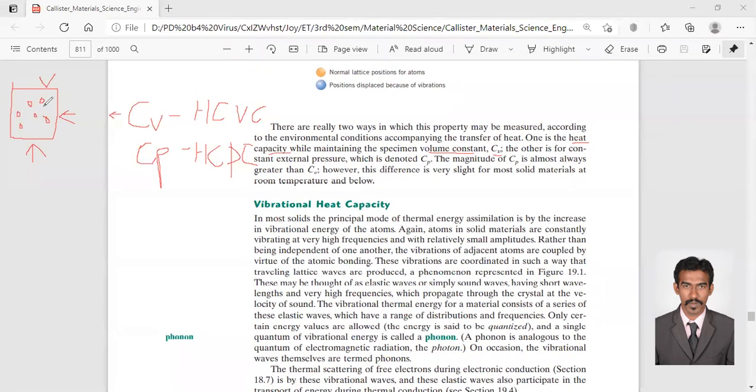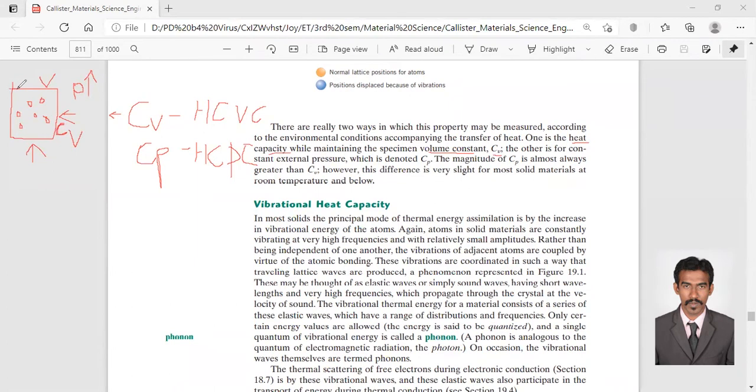Due to that, pressure will increase. So while having the volume constant, pressure will be increasing.